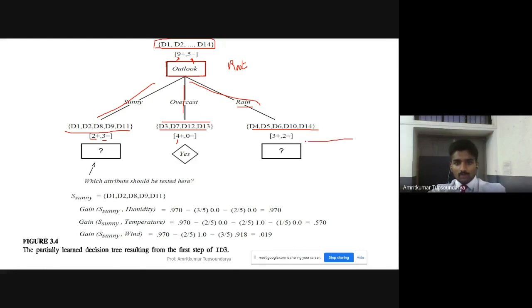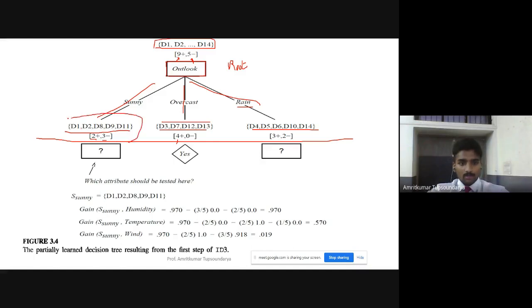Now, once we have this much of the tree constructed, the next step is to decide the other attribute value or subtree. What will be our subtree? In order to decide our subtree, again we have to define the root or intermediate node, which can help us construct the tree below.